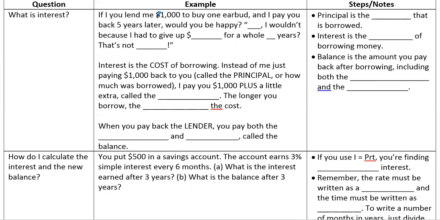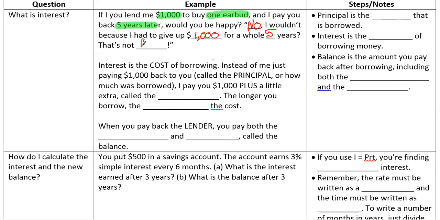So if you lend me $1,000 to buy one earbud, and I pay you back 5 years later, would you be happy? Well, now wait a second. You're going to give me $1,000 and I'm not going to pay you back for 5 years? I would hope you would say, no, I wouldn't. Because I had to give up $1,000 for a whole how long? 5 years.